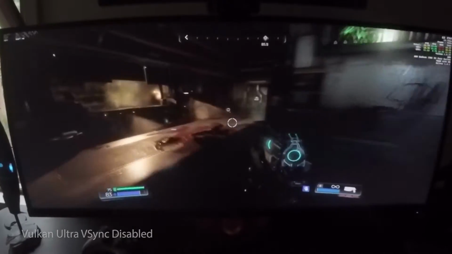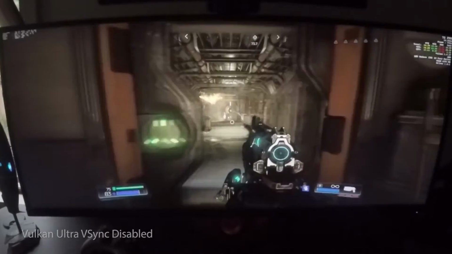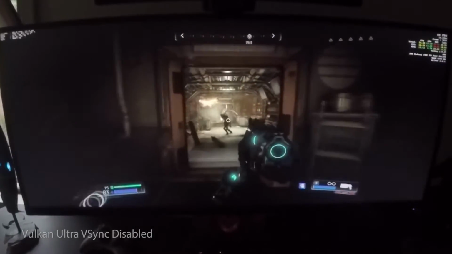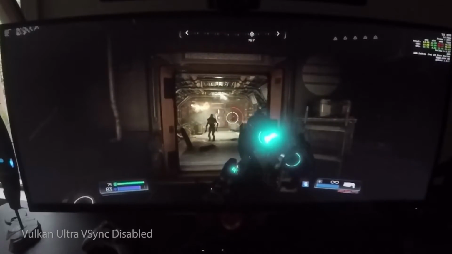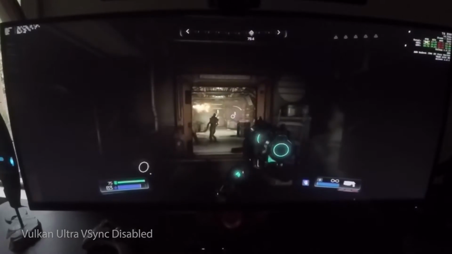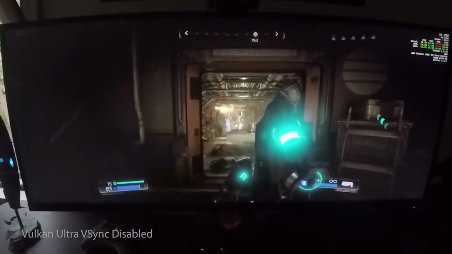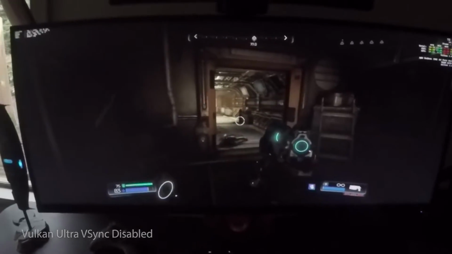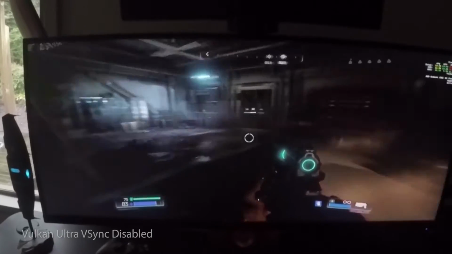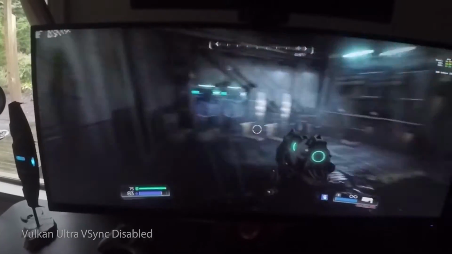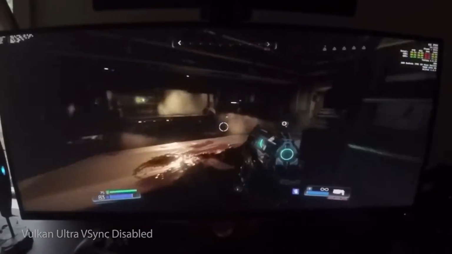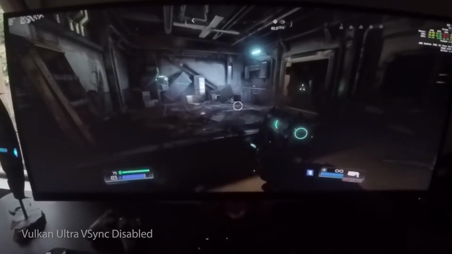So here, let's just do a little shoot 'em up here real quick. Okay, so the frame rate is great. We're doing 70 frames per second here with Vulkan, but it doesn't feel like it.